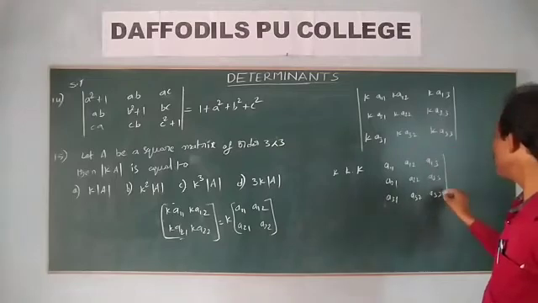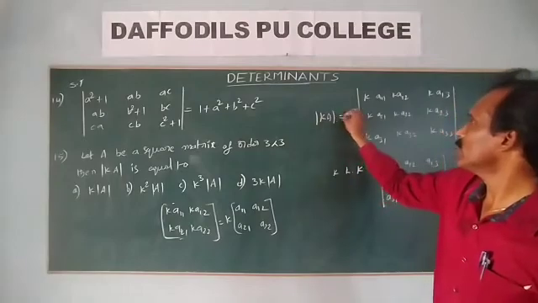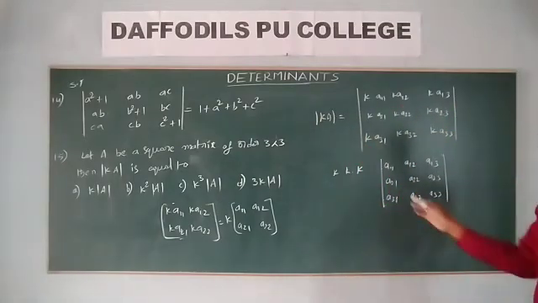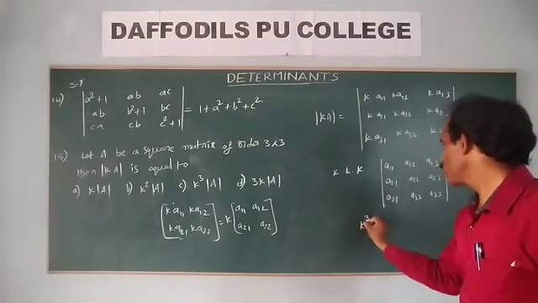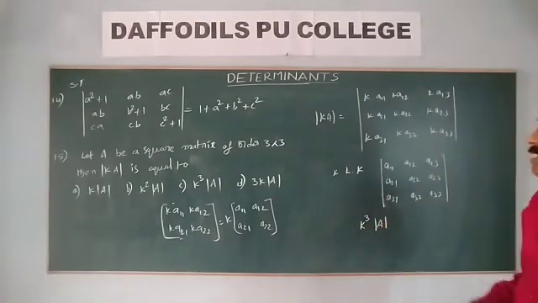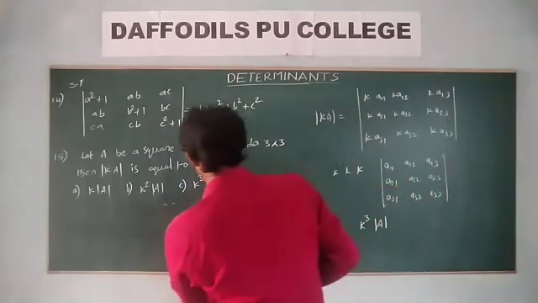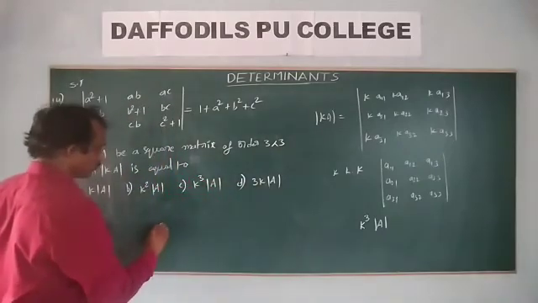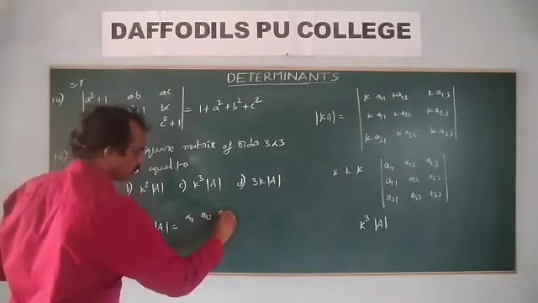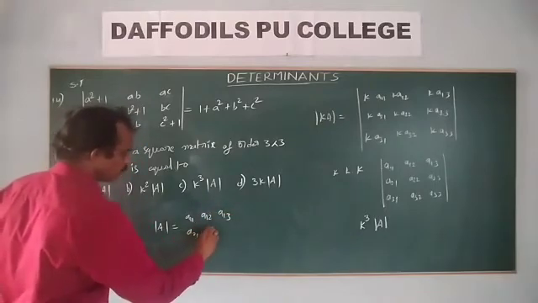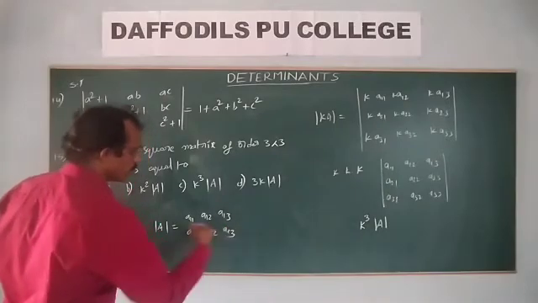So this is k of like this one. Taking common, the remaining value is the determinant of A. Therefore k cube into det A. Let A be the matrix A11, A12, A13, A21, A22, A23, A31, A32, A33.